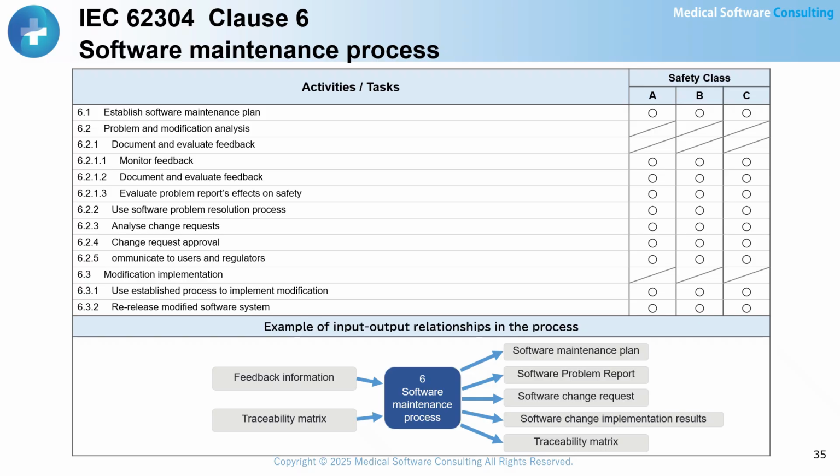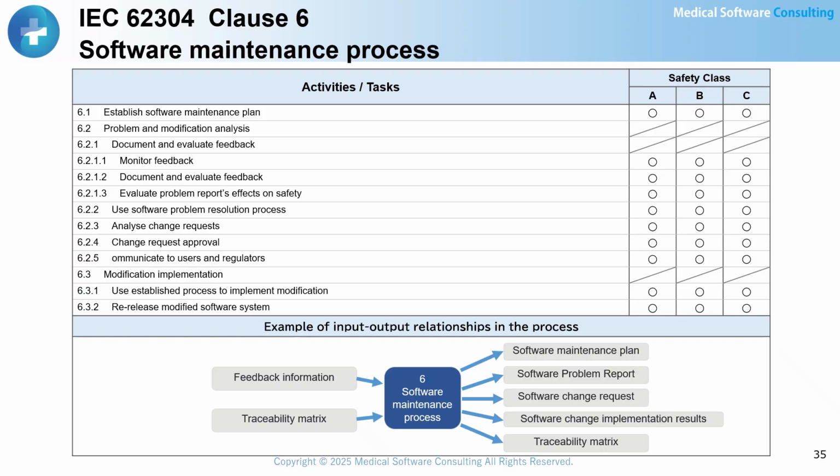D. Use of the software problem resolution process to analyze and resolve issues occurring after release. E. Use of the software configuration management process to control modifications to existing systems. F. Procedures for evaluating and implementing SOUP upgrades, bug fixes, patches, and obsolescence management.